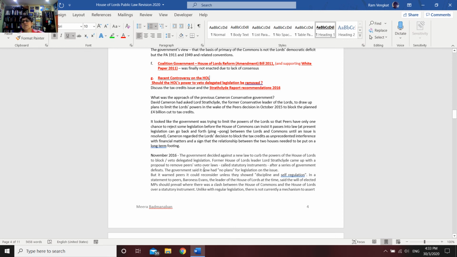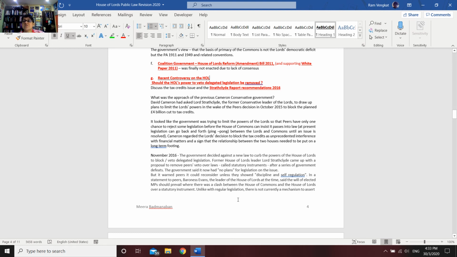However, then the Theresa May government came in and she was busy with other things. Brexit came in, and of course the priority of reform with the House of Lords became lower, and they all forgot about it. So this issue is something that you can bring up, talk about the Strathclyde report recommendations, and you can see what your personal preference is.